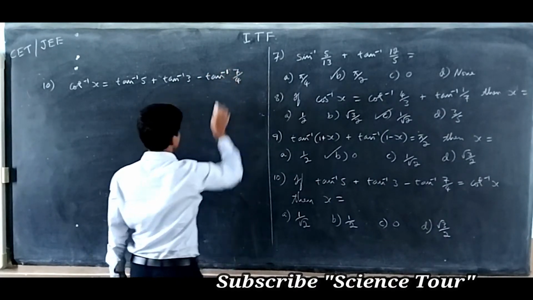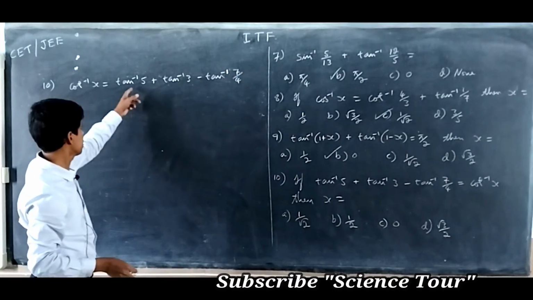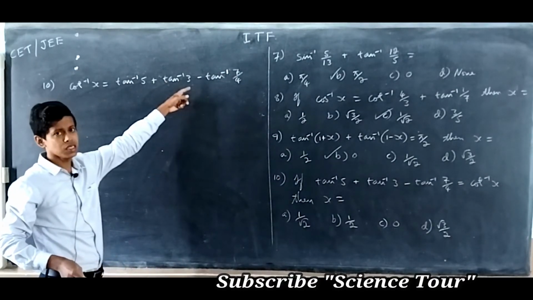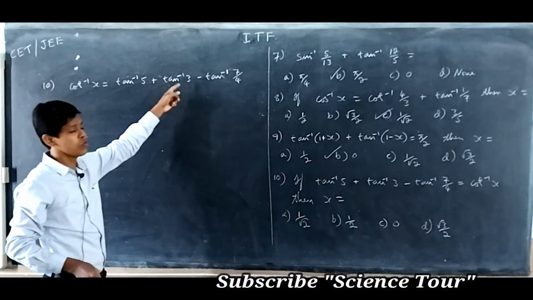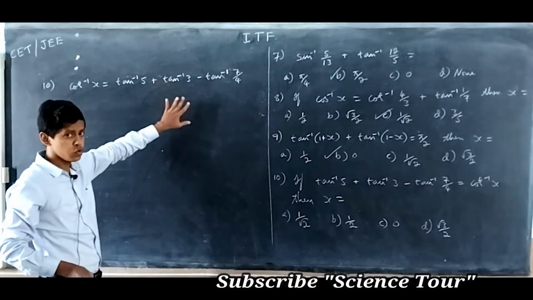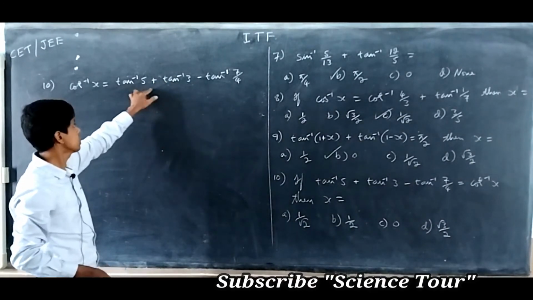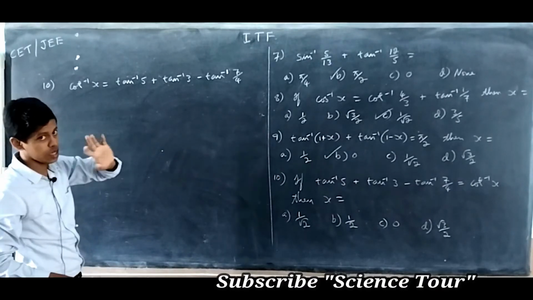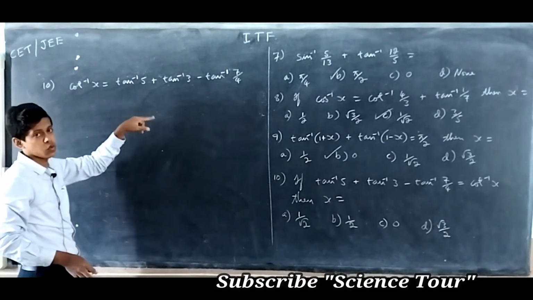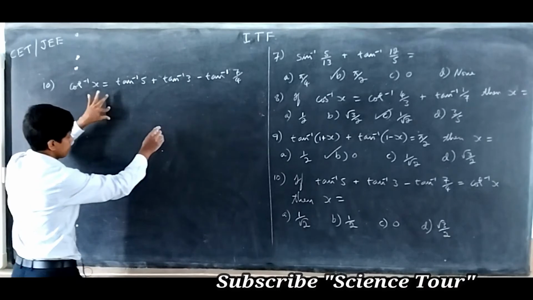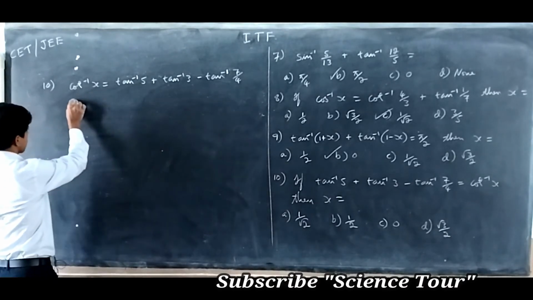You must understand one thing. See, tan inverse 5 plus tan inverse 3. When you use the formula of tan inverse x plus tan inverse y, you cannot use tan inverse of x plus y by 1 minus xy. You know why, correct? So understand this.